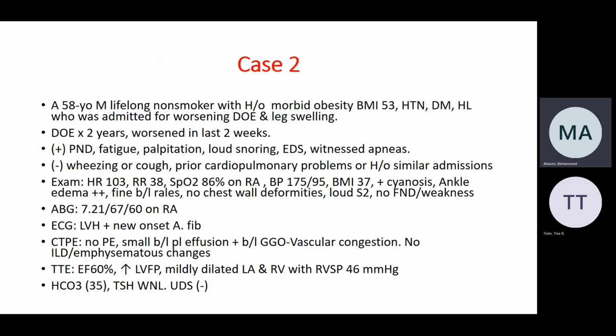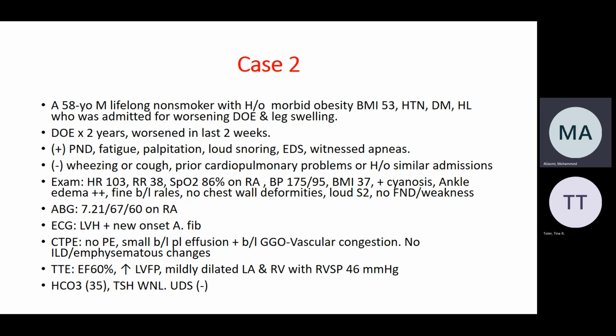We'll come to a more comprehensive approach in the last couple of slides. So let's take this case. A 52-year-old lifelong non-smoker who is morbidly obese with a BMI of 53, with a history of hypertension, diabetes, and hyperlipidemia, was admitted because of worsening dyspnea and leg swelling.